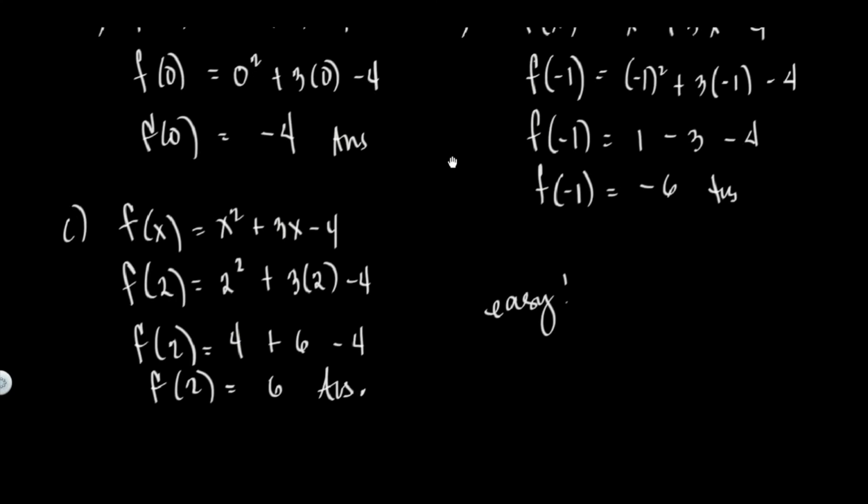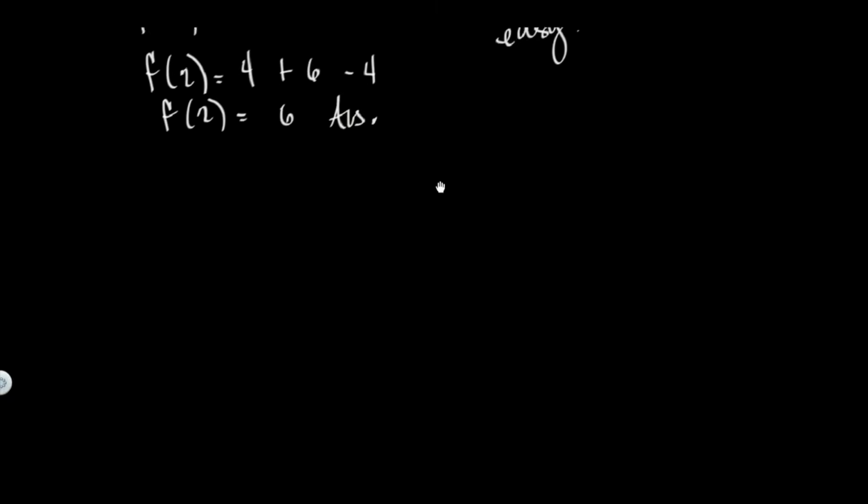Okay, let's have another one. Yung medyo easy din. So, we have here problem number 2. Let's say, okay, h of y is equal to, let's say, ano ba magandang variable na gamitin?